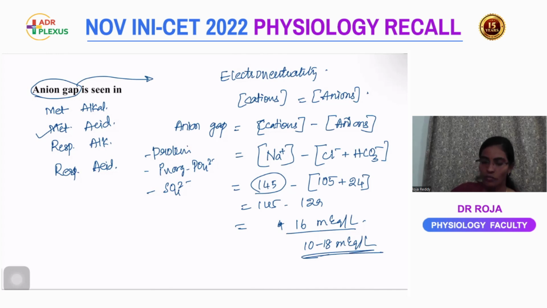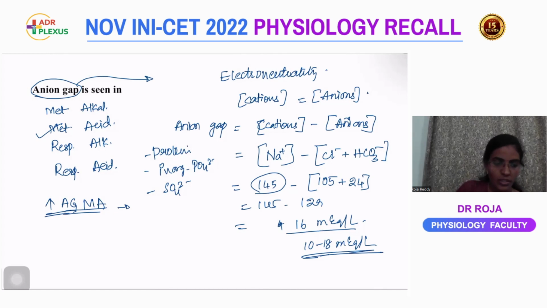Now, why do we need to know this anion gap? Yes, it is seen in metabolic acidosis, but there are conditions where the anion gap is increased or normal. So where do you see the increased anion gap, which is known as high anion gap metabolic acidosis?